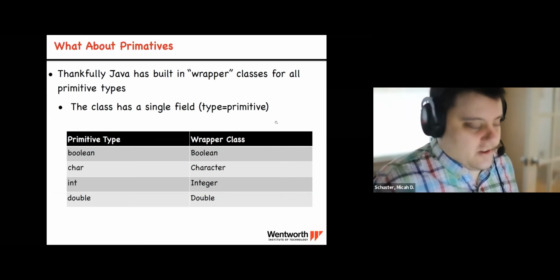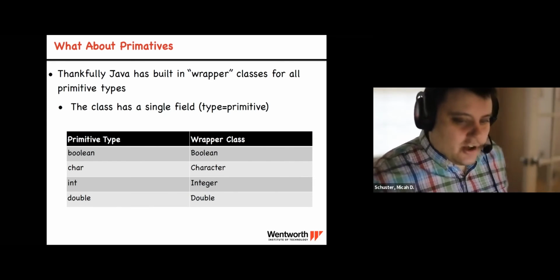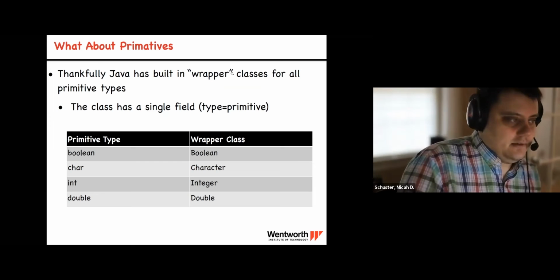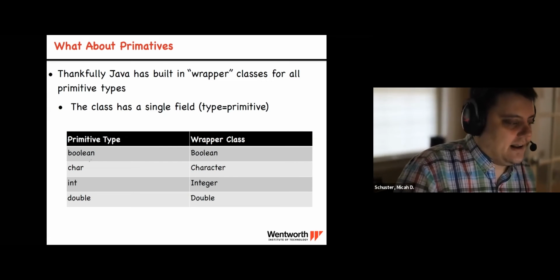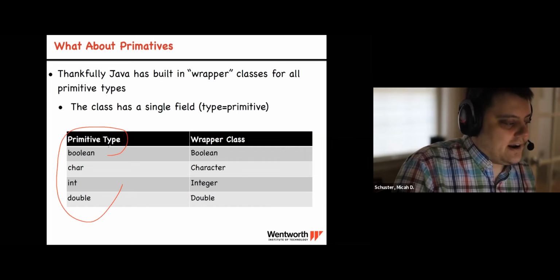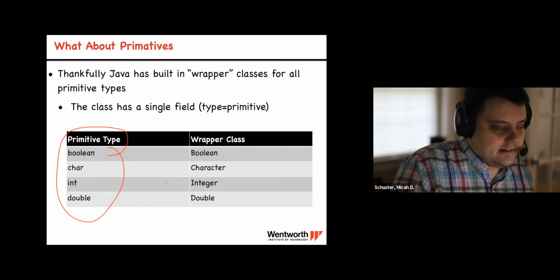For primitives, so that's your int, your boolean, your char, your double, technically those cannot be types in the sense that they would go into the array list angle brackets. So you write them slightly differently. They always start with a capital letter and they're fully spelled out.